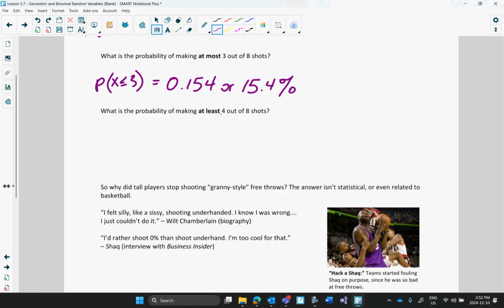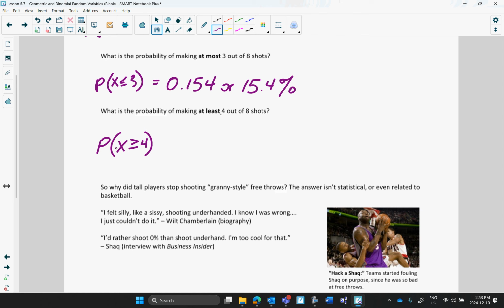What's the probability of making at least 4? How do I write that? X is greater than or equal to 4. That's different. Binom CDF only recognizes less than.